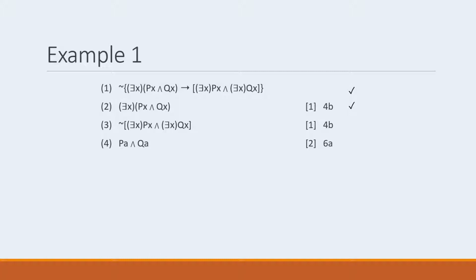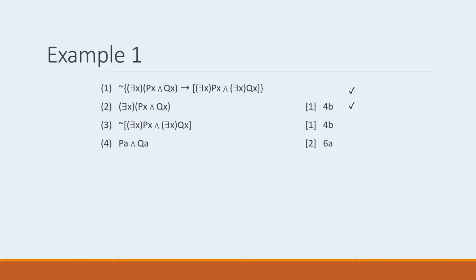Line 3 is of the form not and. We know that a not and branches. We could do that right now, but it is always more efficient to defer branching to the last possible moment so that we don't have to write the same statements in each of our branches. We can put them further up in the tree so that they're involved in all of the branches after the split as well.